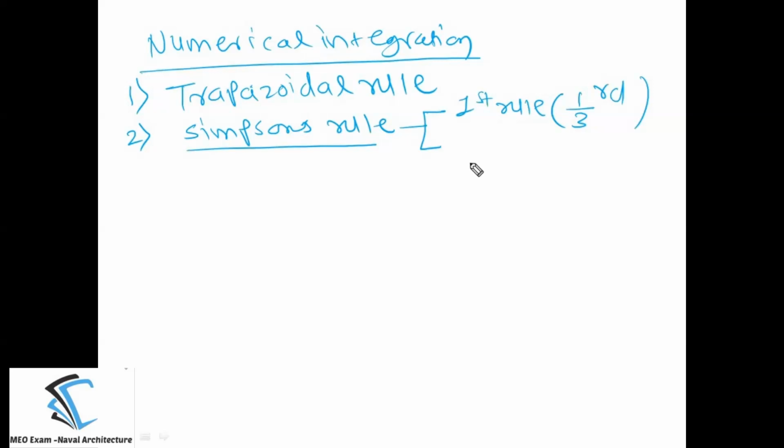And Simpson's second rule is also there, called Simpson's 3/8 rule. With the help of these two rules, we are going to calculate the areas, volume, and centroid of the ships. Okay, we will see them one by one in the upcoming classes.